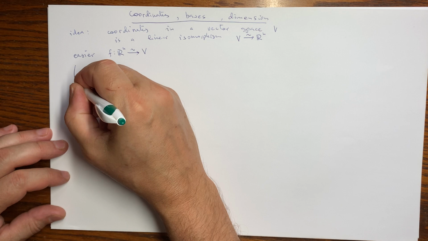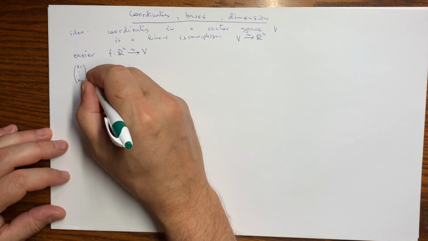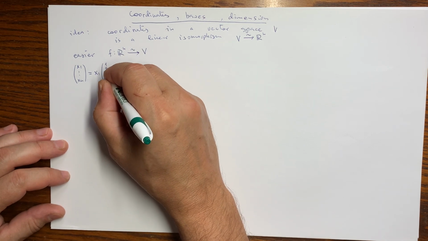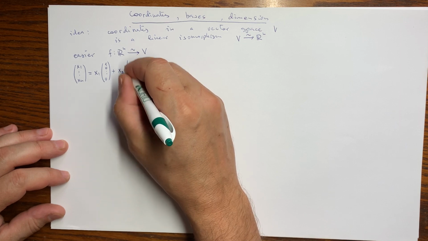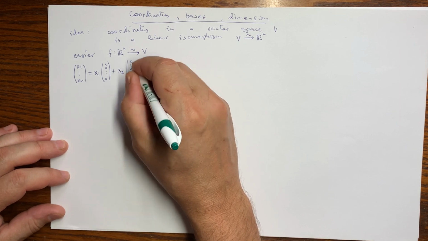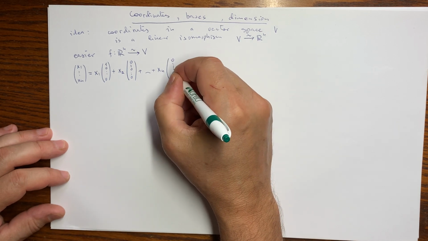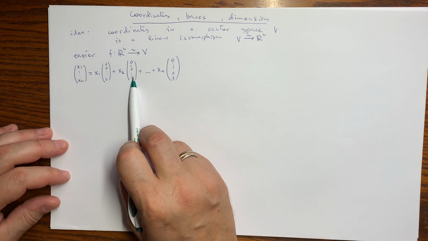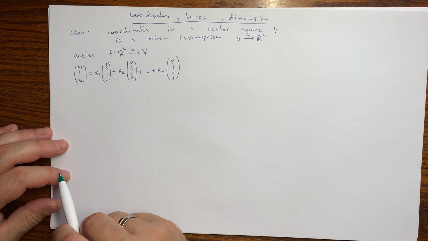In the coordinate vector space, any vector we can write uniquely as a linear combination of coordinate basis vectors. These vectors where all entries but one are zeros are the standard basis.